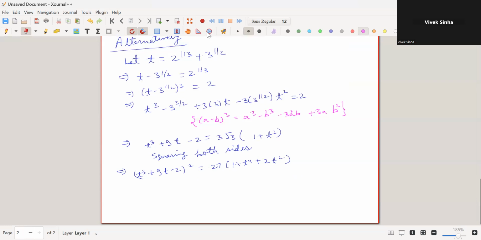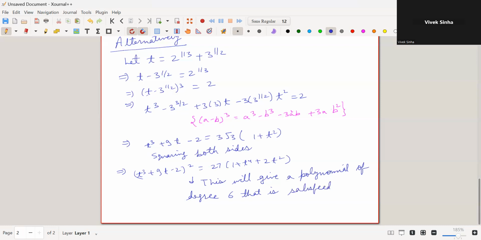This will give you a polynomial of degree 6, because here you have no term of t raised to 6, and here you have one term of t raised to 6, so it will be a polynomial of degree 6, and that is satisfied by 2^(1/3) plus 3^(1/2).